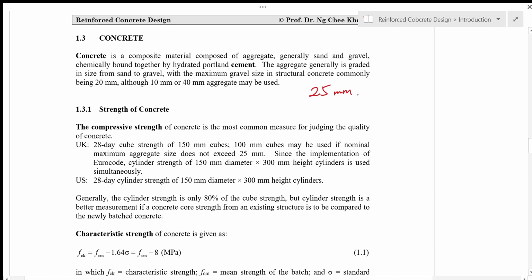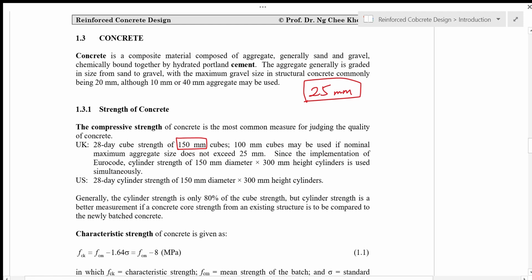As I mentioned, in Malaysia normally we use 25 mm aggregate size, so in that case we may use 100 mm cubes. But in practice, normally we use 150 mm cubes, just to avoid confusion among the practitioners, right?